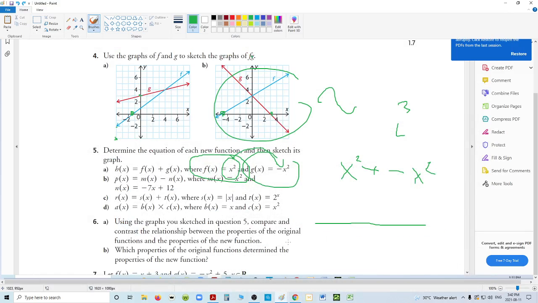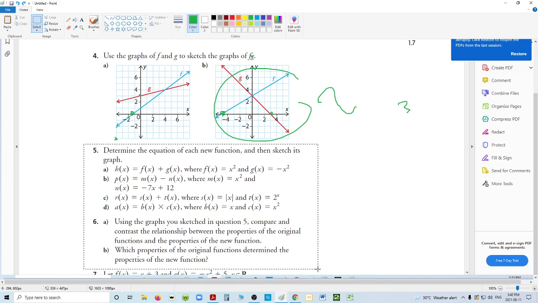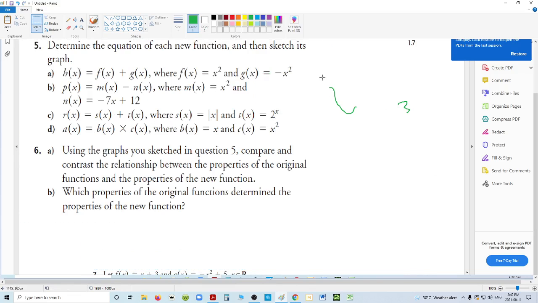Let's try it out with the next one in there. And let's get rid of this. Okay, now it's going to say, I want you to subtract this, where m of x is equal to that, and n of x is that.